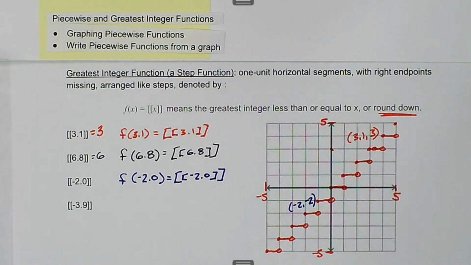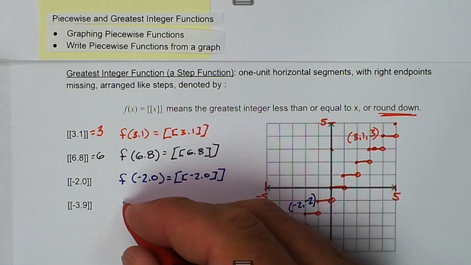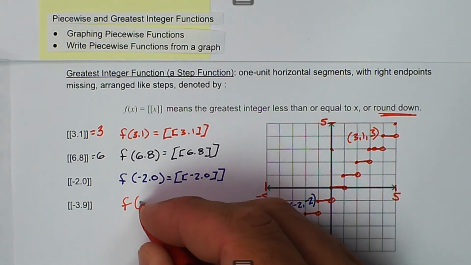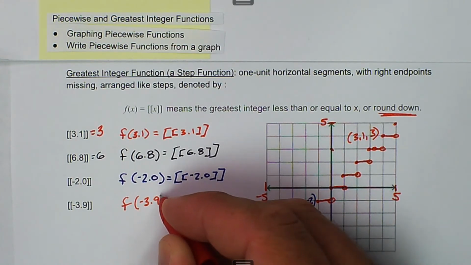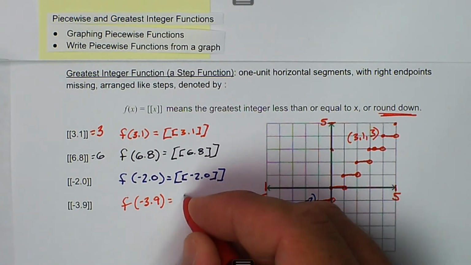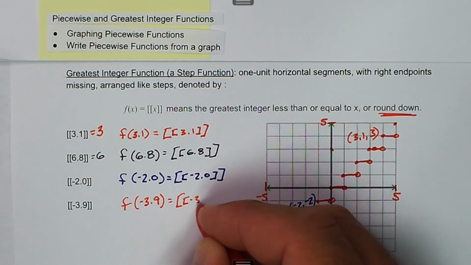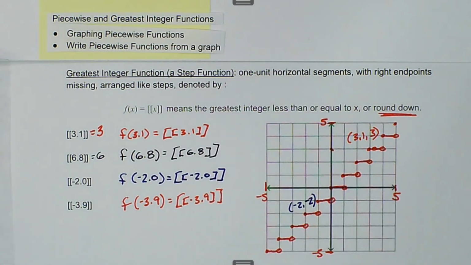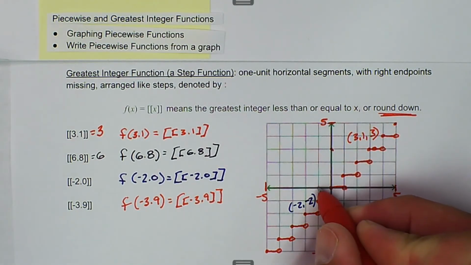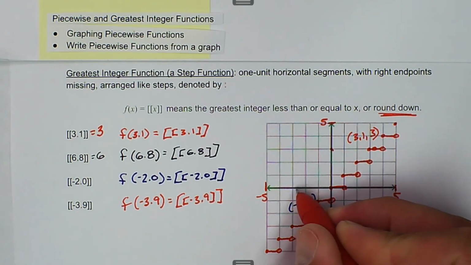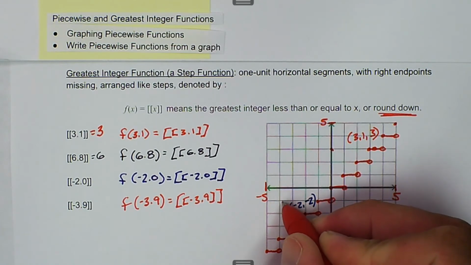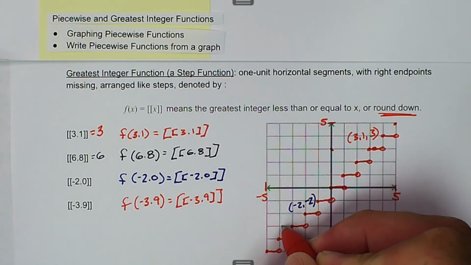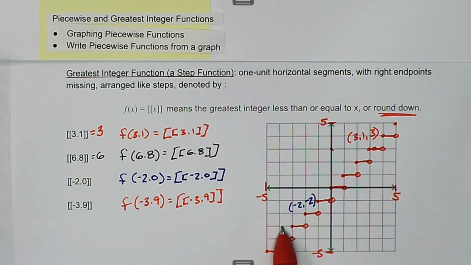And the last one that we can look at, we have the function evaluated at negative 3.9. And remember, this is the round down function. So we go over here, negative 1, negative 2, negative 3, negative 3.9, and notice that we pass negative 3 right here because it's the round down function.